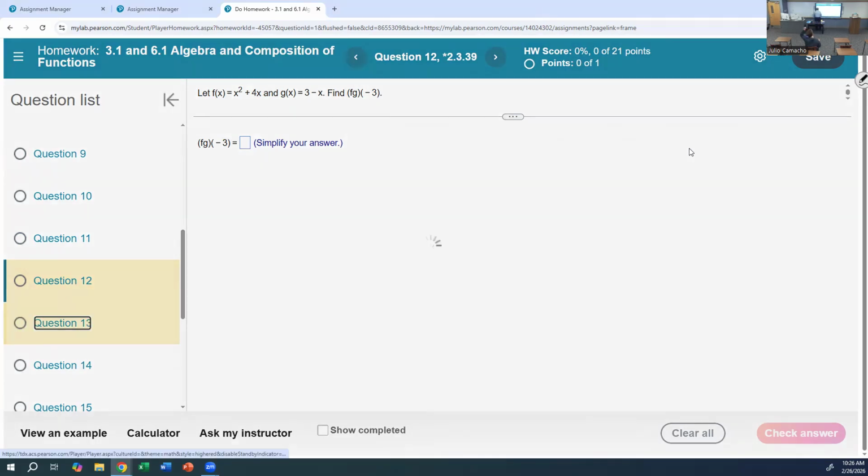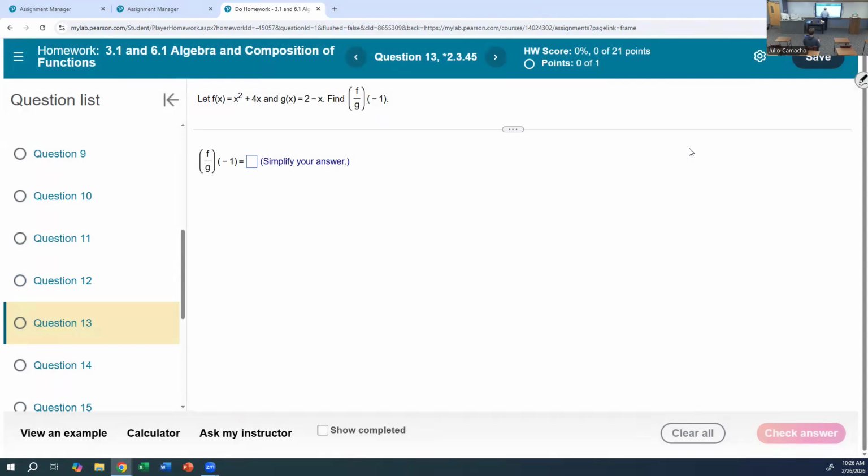Question 13 is a division now. You have f of negative 1 divided by g of negative 1. So you have to set up f of x in the numerator and g of x in the denominator, and then you replace every x of the f of x equation by negative 1, and in the denominator you replace every x of the g of x equation by negative 1.